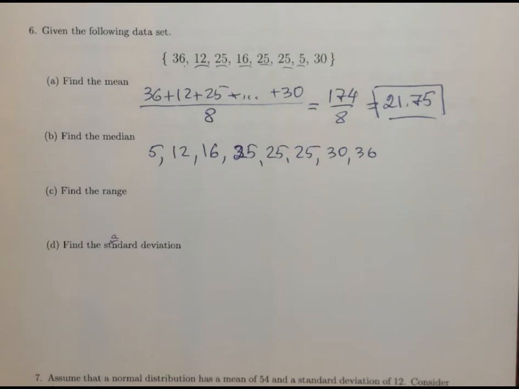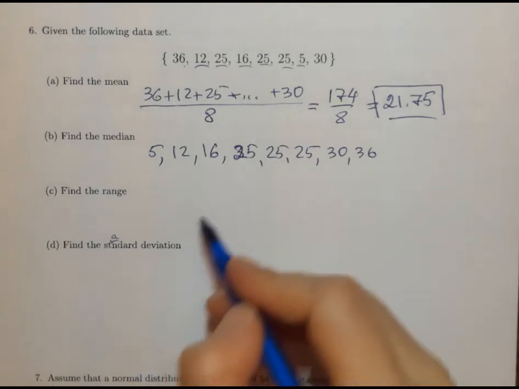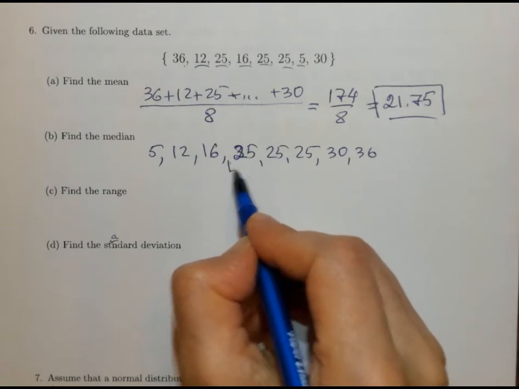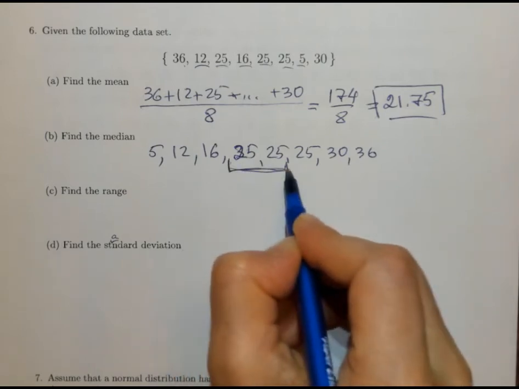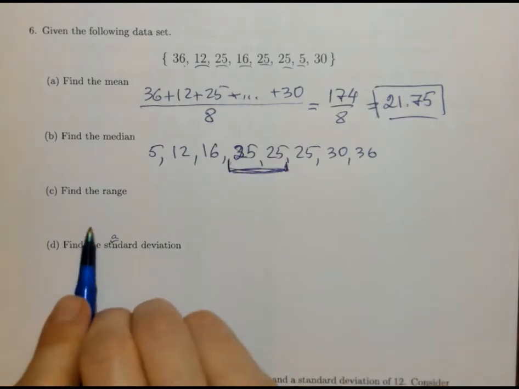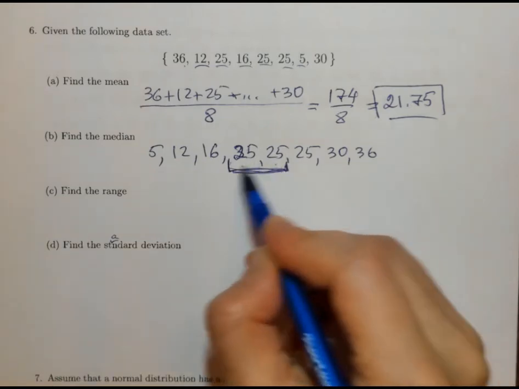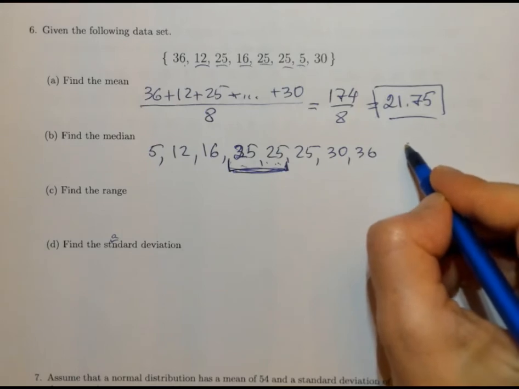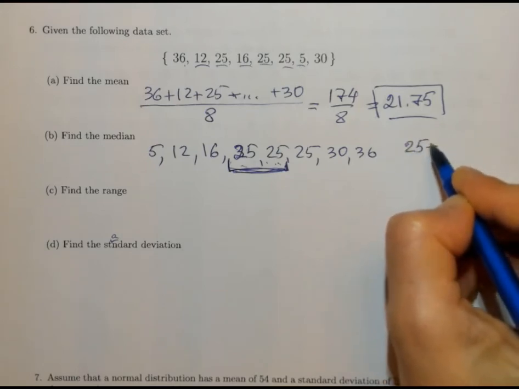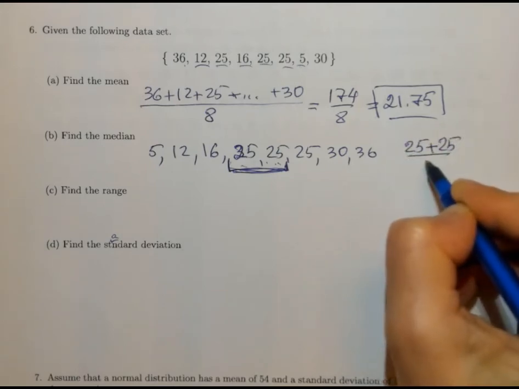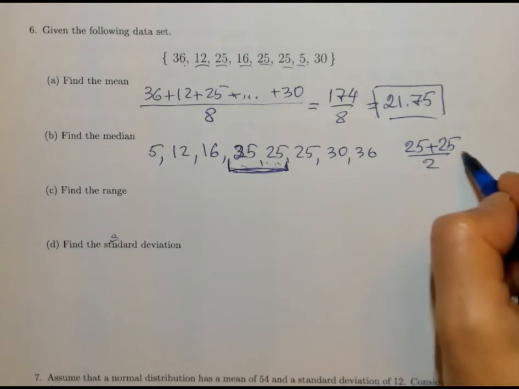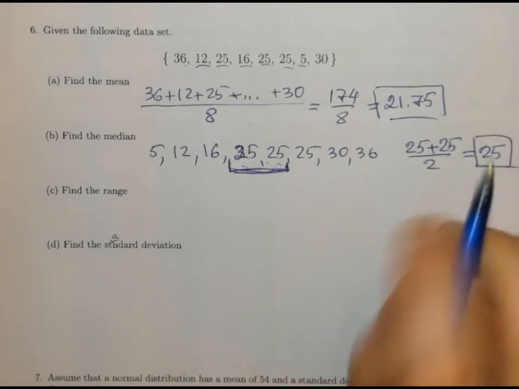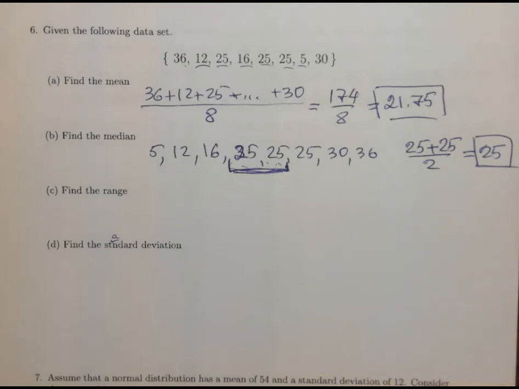We still have 8 numbers. If we have an even number of outcomes, then we should find the mean of the middle numbers, so we add these two numbers and divide by 2. This time the symbol is just 25, so the median is 25.